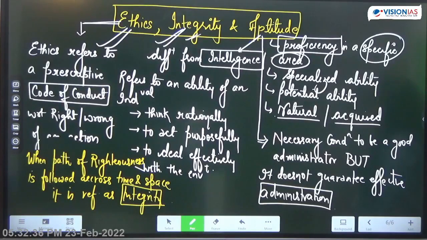There are a lot of people who clear this exam with flying colors, and they are the ones with the least amount of ethics and integrity. But that's another side of the story. The purpose of this examination was only to check whether you have the aptitude to serve in the administration or not. And this paper of ethics was introduced to see whether that ethical tinge is there or not to your personality.